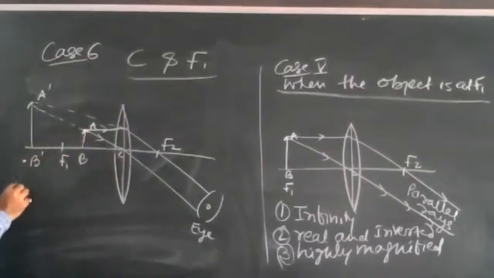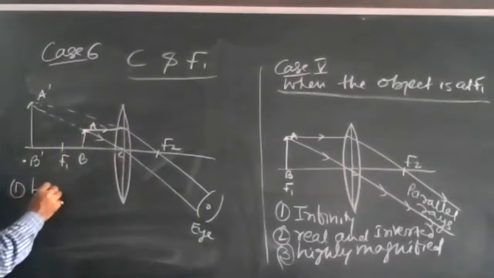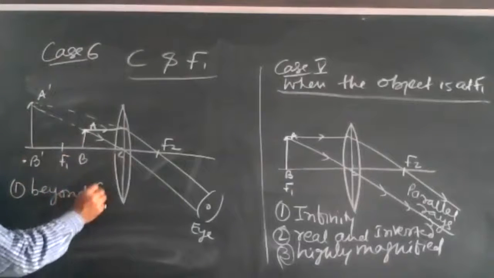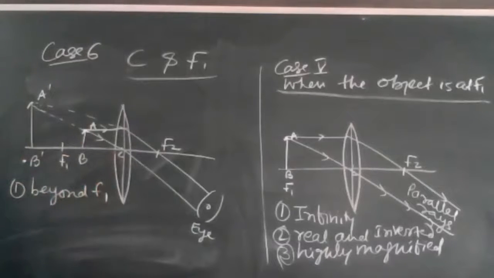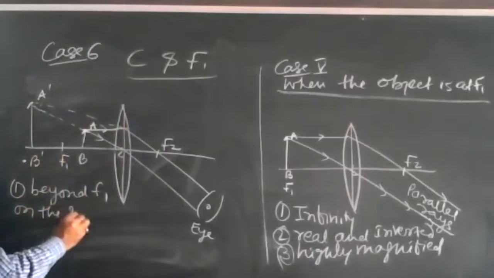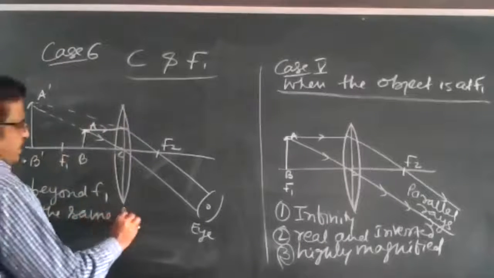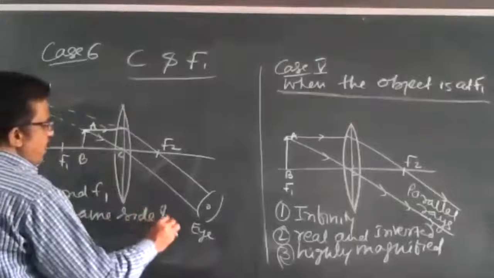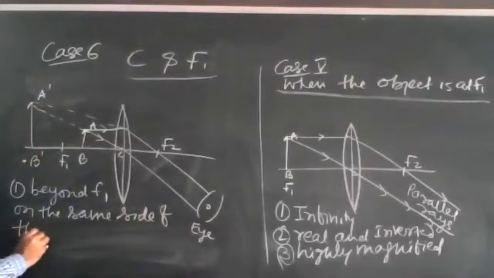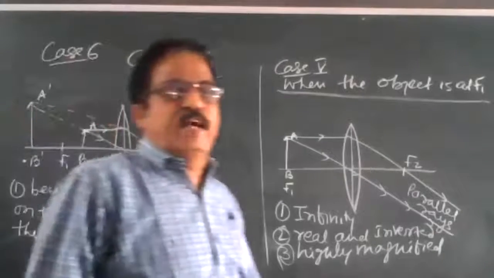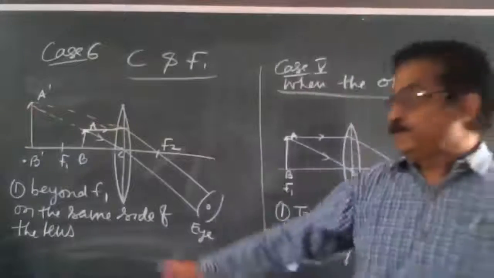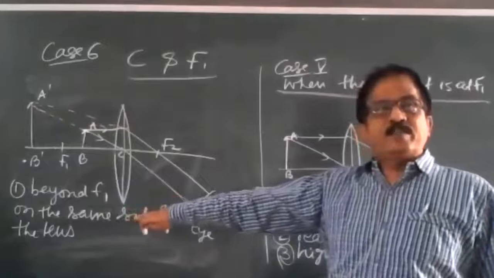Image formed beyond F1 on the same side of the lens. First thing: write down this.